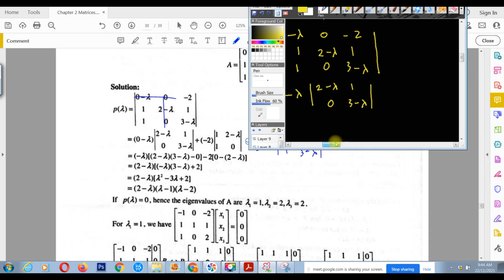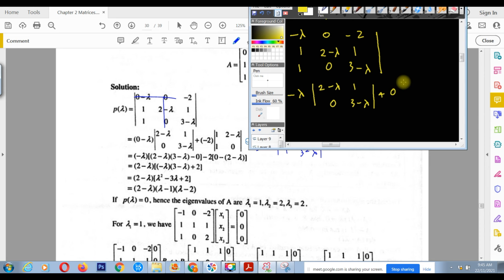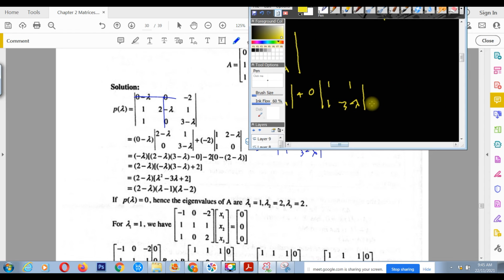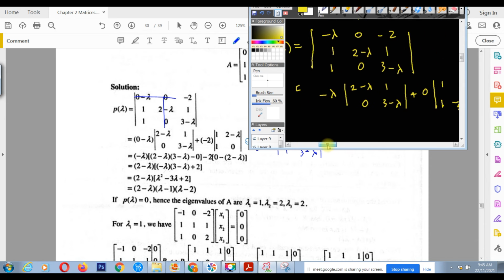Then plus 0, 1, 1 minus 3 minus lambda, and then plus negative 2, 1, 2 minus lambda, 1, 0, and then you will get negative lambda.